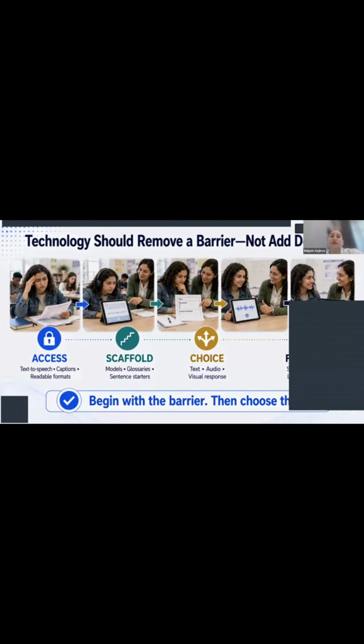Now let's talk about how we can use technology to help us remove barriers. Technology can help us provide timely feedback that is specific and level appropriate. However, as teachers, we must review the accuracy, tone and usefulness of the feedback. These functions do not always require expensive or complicated platforms.